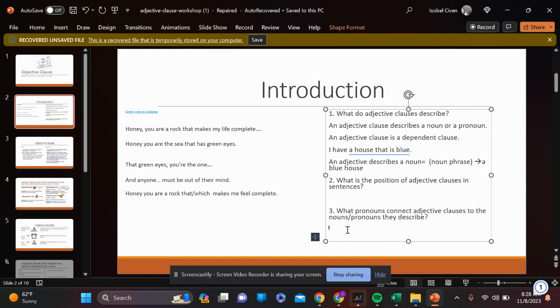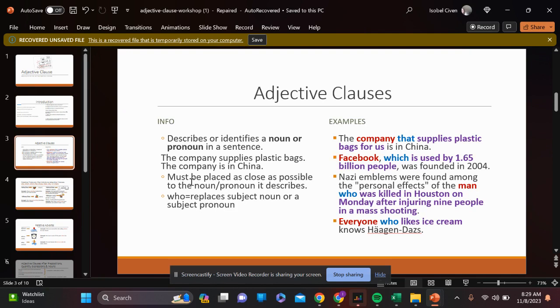All right. And the pronouns that connect adjective clauses to the nouns, for example, who equals a subject noun, right? And we will talk about that a little more. And whom equals an object noun. So in these adjective clauses, the adjective clause is in the middle of the sentence.